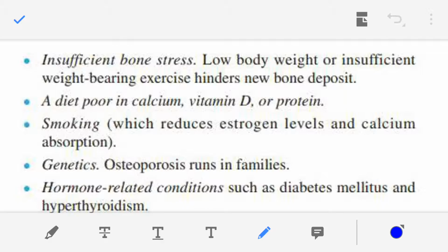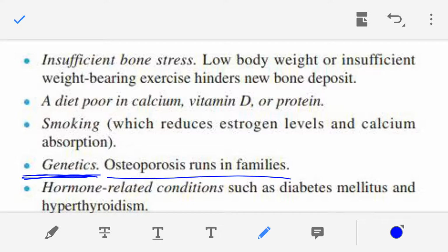Now genetic reasons are also there for osteoporosis. Let's say a grandfather is suffering from osteoporosis, so there is a much greater chance that his son develops osteoporosis, and then the third generation and the fourth generation also develop osteoporosis.